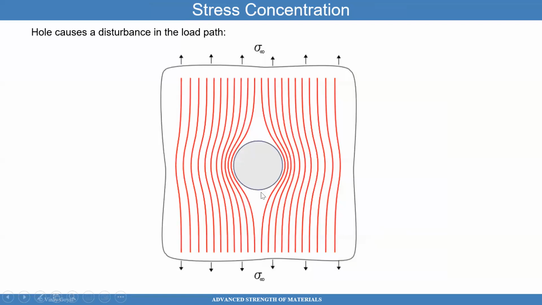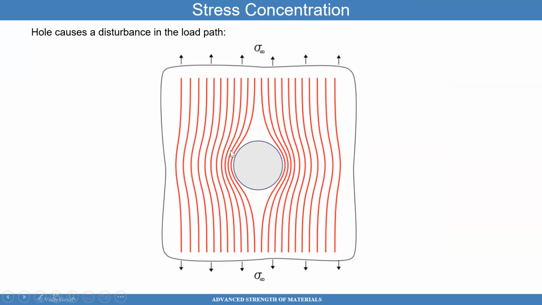So a hole in this case is causing a disturbance in the load path. You can think of this as traffic, right? If all the lanes are open, the traffic moves fairly well. But if you put in a disturbance, or in LA, Los Angeles, somebody can drop a sofa. I mean, I've seen sofas and mattresses. You put stuff like that, then the traffic slows down, but the intensity of the traffic increases.